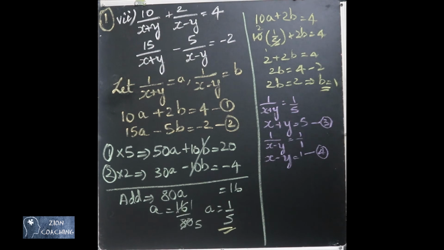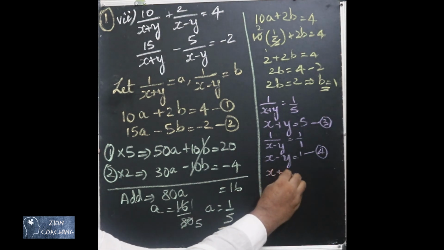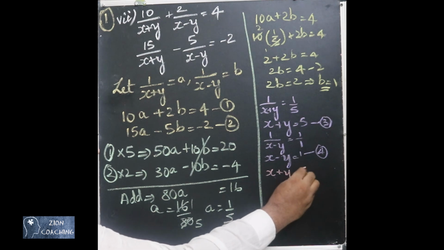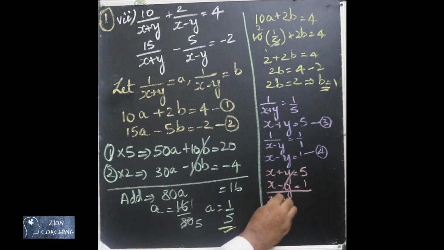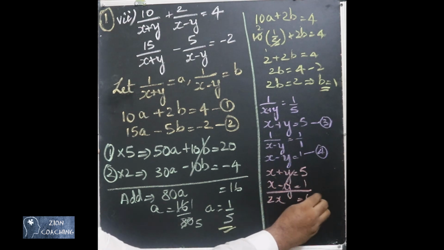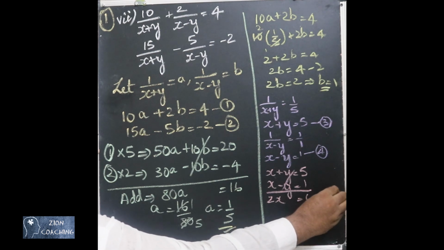Solving equations 3 and 4, we are going to get the values of x and y. So when you add those two equations, we have x + y = 5 and x − y = 1. When you add them, the y terms will get cancelled. We will get 2x = 6. That will give you the result x = 6/2, that is 3.